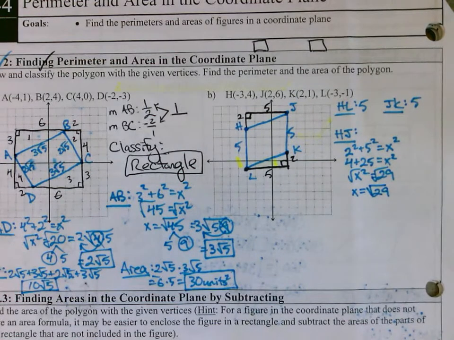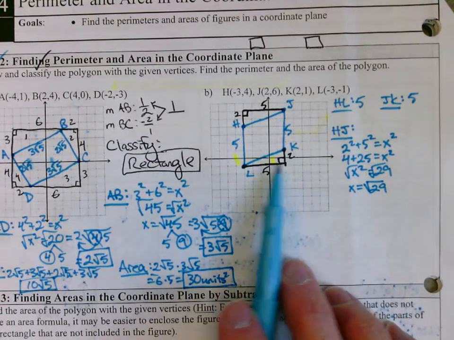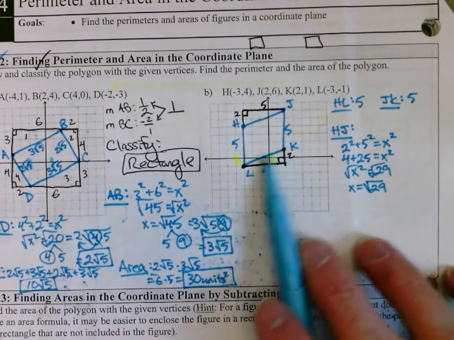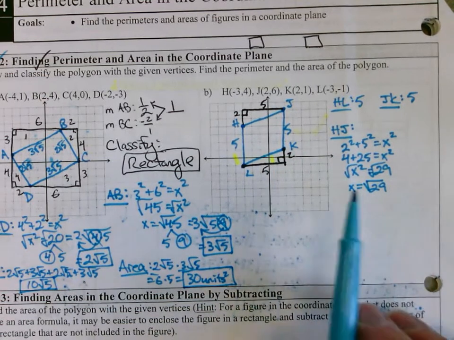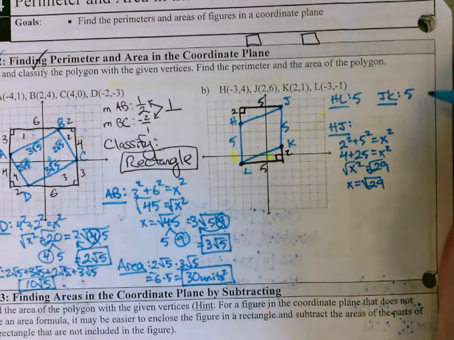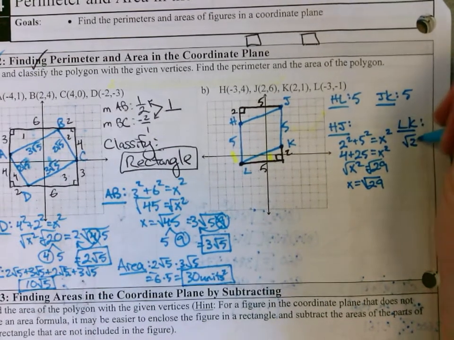Now, if you want to be clever and efficient, you'll notice that this one down below also has lengths of 2 and 5, which means that this third side is going to be exactly the same that we just calculated, root 29. We would simply be repeating the same work. So that means that LK is also root 29.